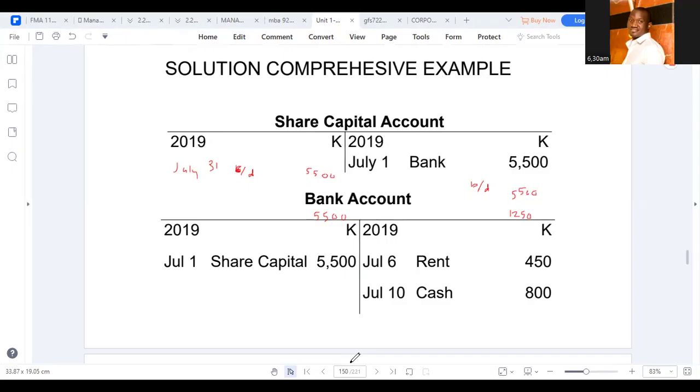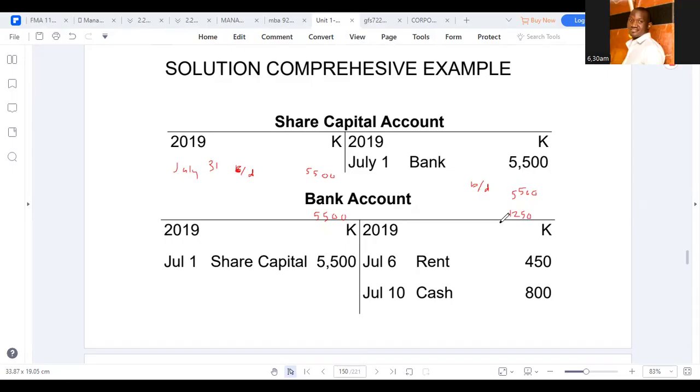I don't have a calculator, so do assist if you have a calculator there. So 5,500 minus 1250 to give you 4250.